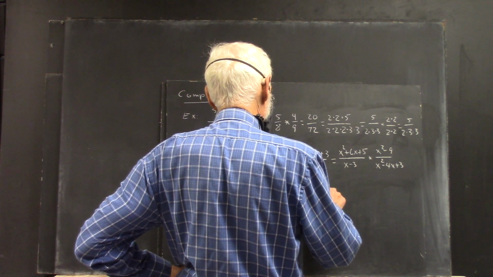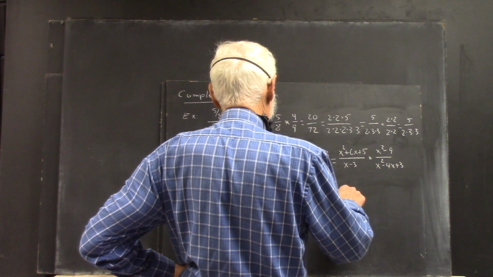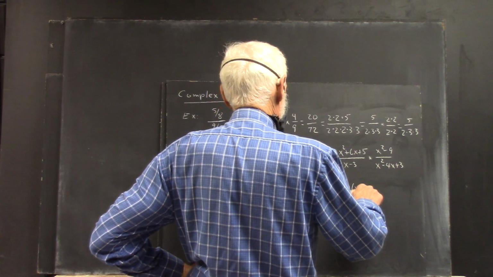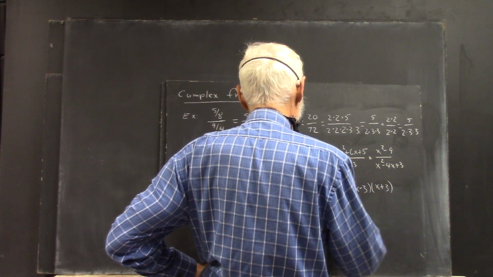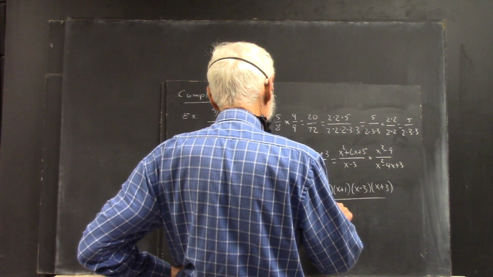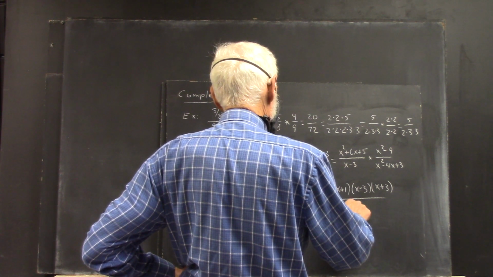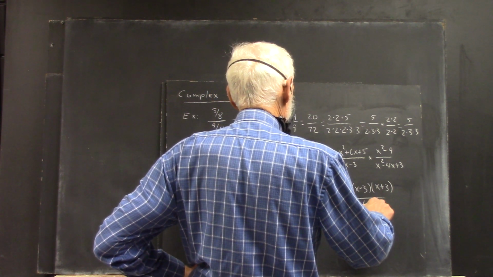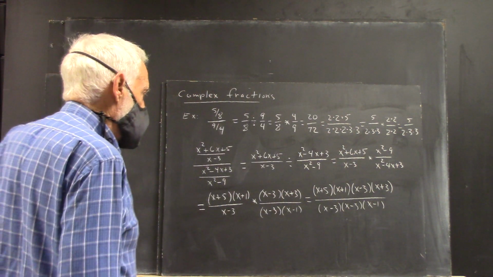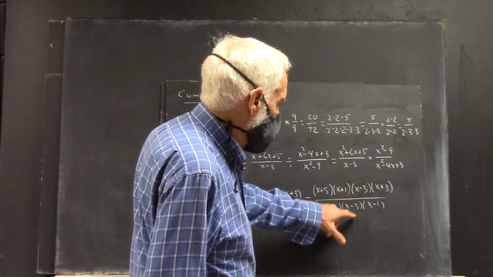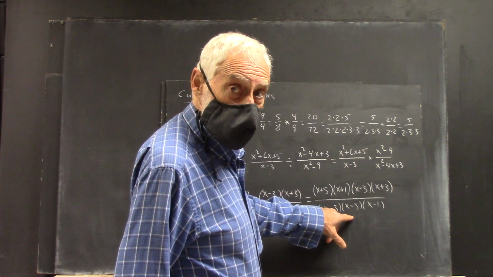Okay, so we have x plus 5 times x plus 1 times x minus 3 times x plus 3 over x minus 3 times x minus 3 times x minus 1. Now we see that we do have an x minus 3 in common between the numerator and denominator.